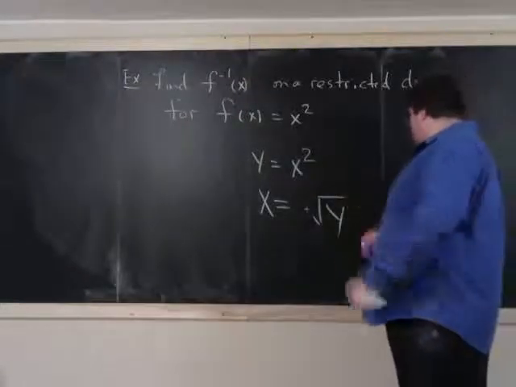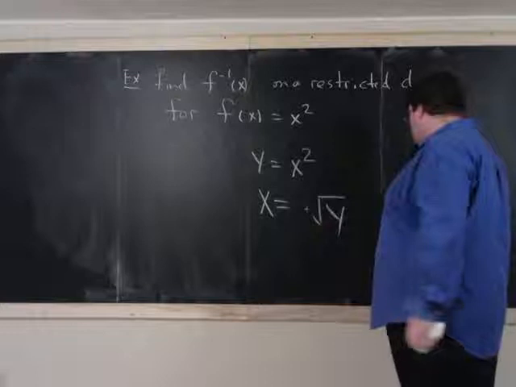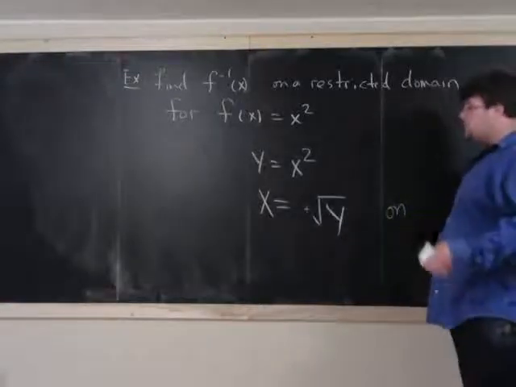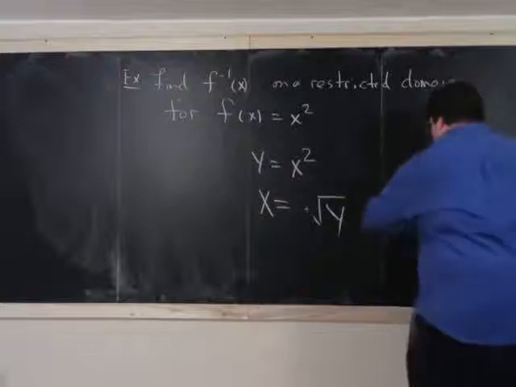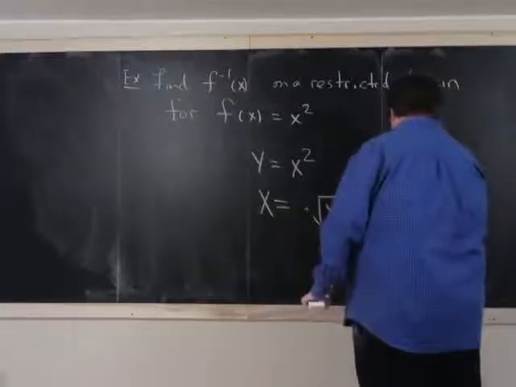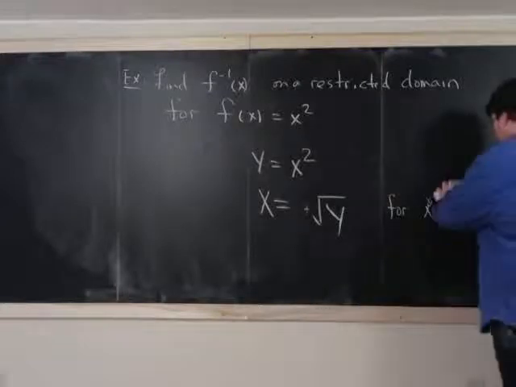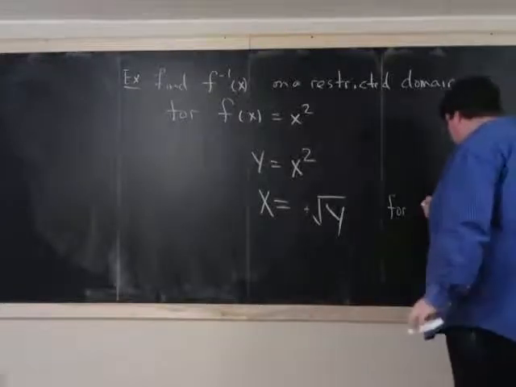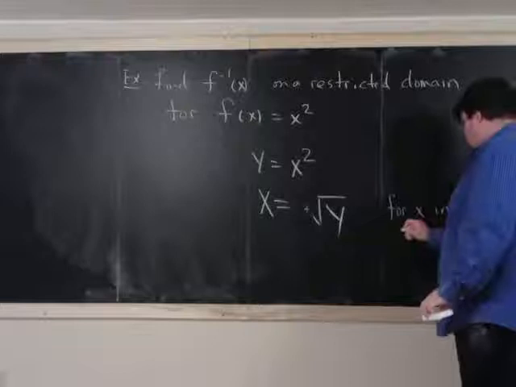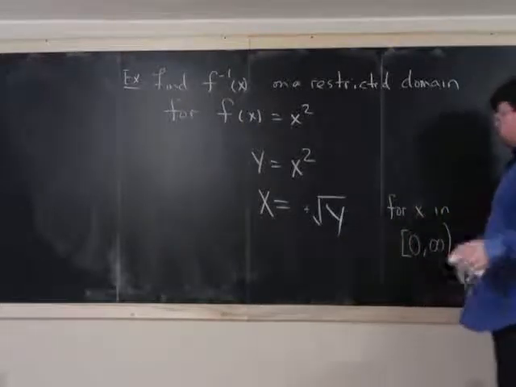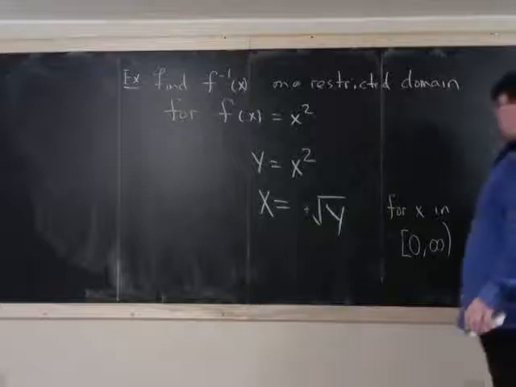But this is only on certain values. Right here, we have the positive square roots. So let's say for x in where? I might be going off the screen. For x in, we're taking only the positive square root, or 0.